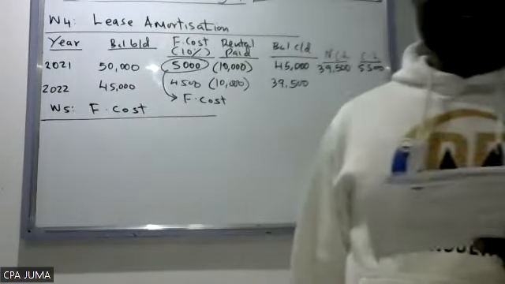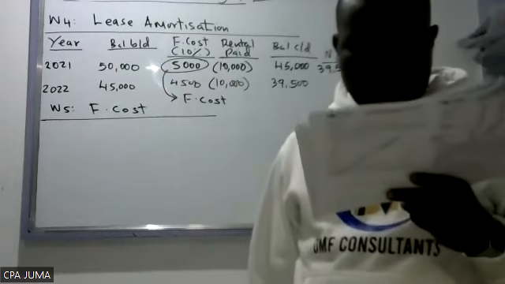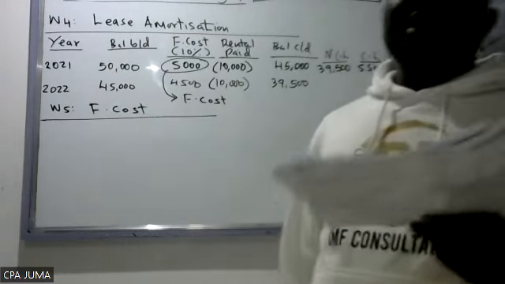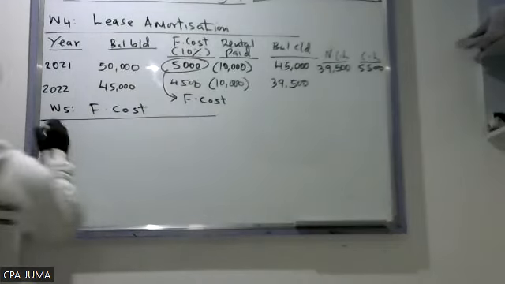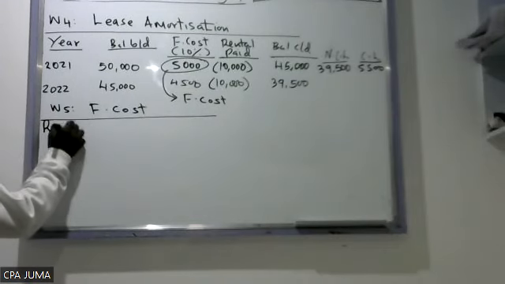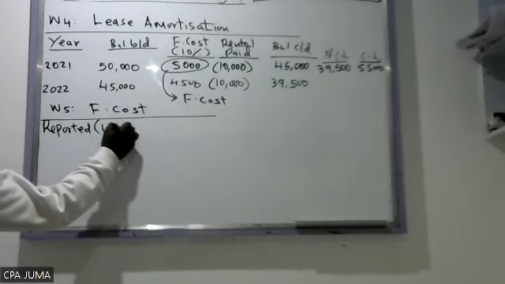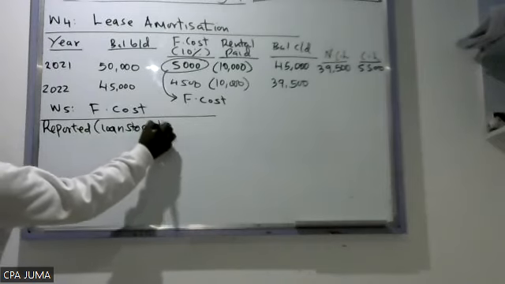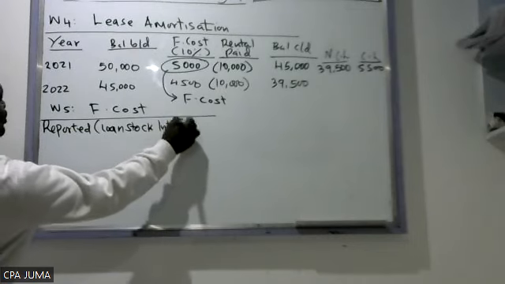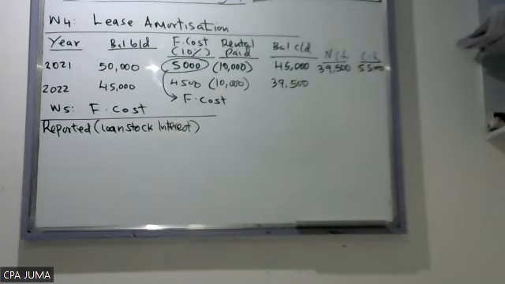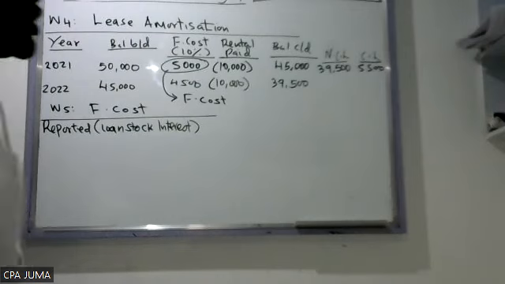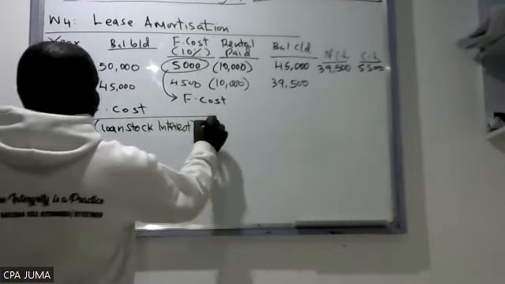In the trial balance, if you are keen, you will see loan stock interest paid. So reported loan stock interest is 5,000.